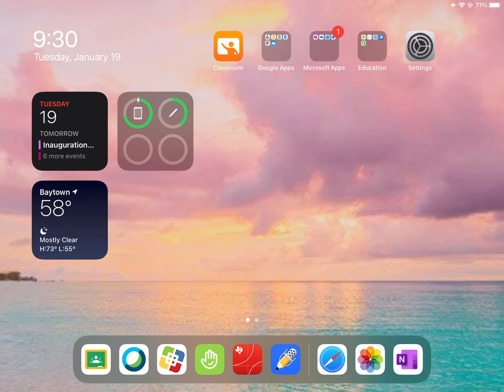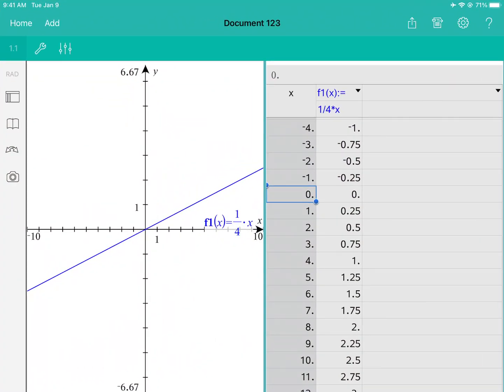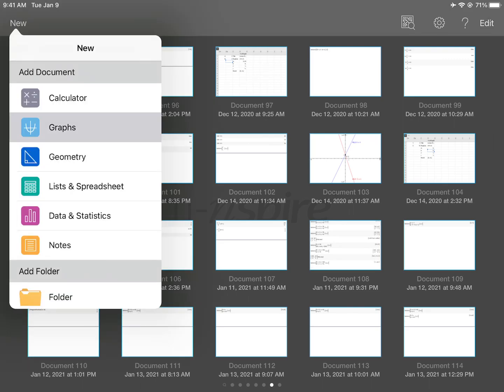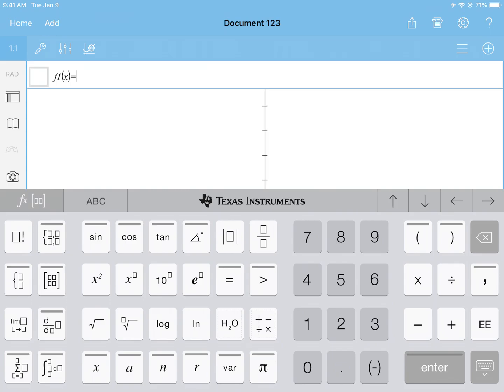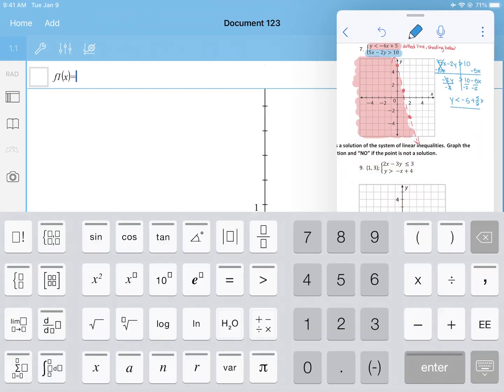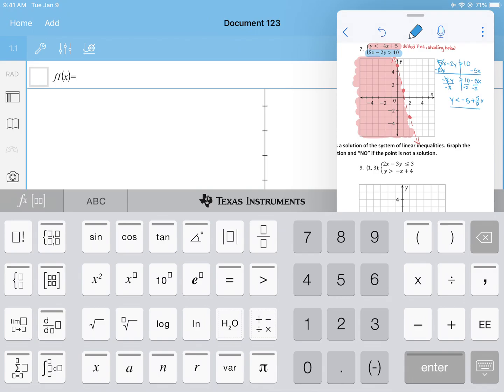So I'm going to go back to my calculator. I'm going to go home, discard my changes, new graph. I'm going to put the notes on top. So I have the y part already, so I need a negative 5 plus 5 over 2 x.